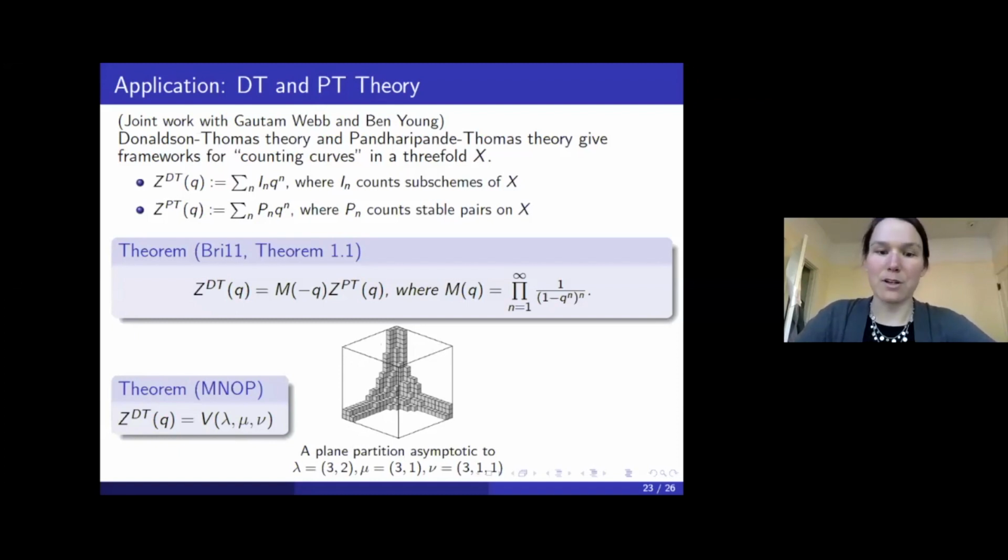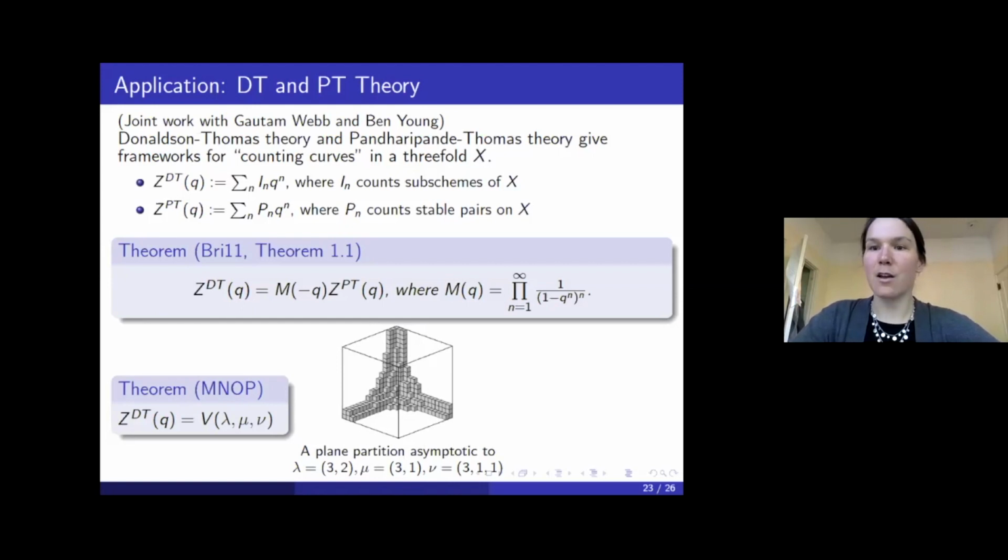Plane partitions with boundary conditions lambda, mu, and nu have a similar interpretation, only now our room has baseboards. We have this infinite baseboard with shape lambda, and this infinite baseboard with shape mu and also with shape nu, and then we're stacking boxes on top of these baseboards.